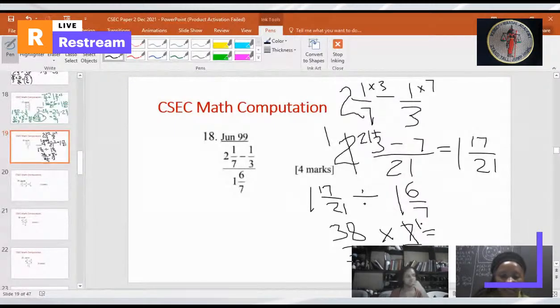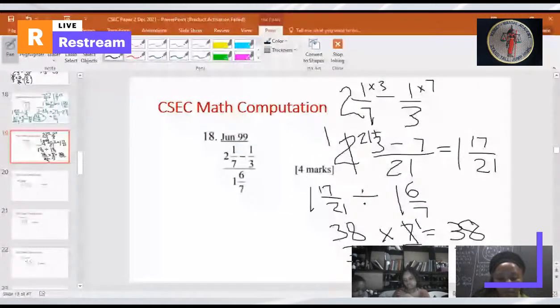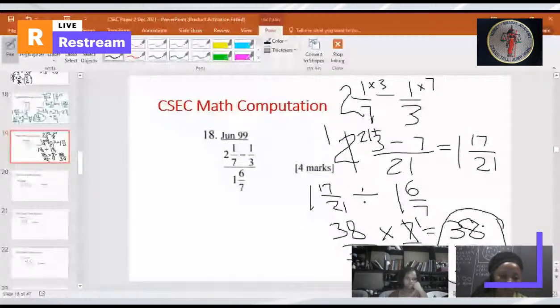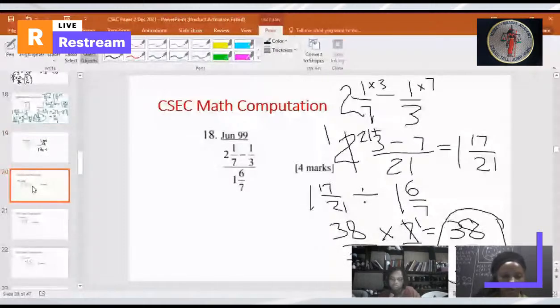So in the numerator, we have 38 times 1, and in the denominator, we have 3 times 13, which is 39. Miss, 38 over 39.